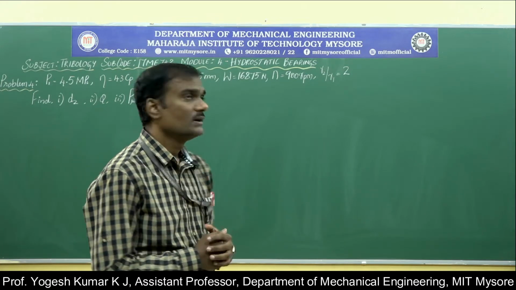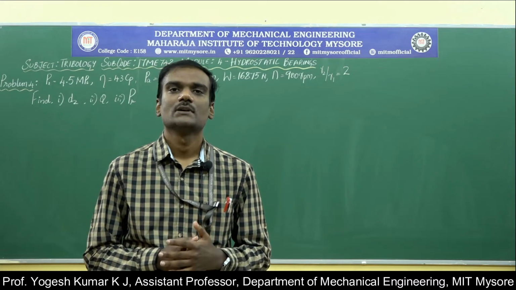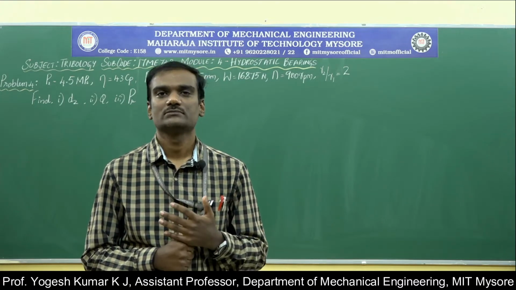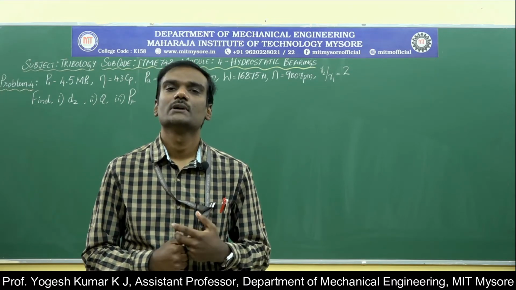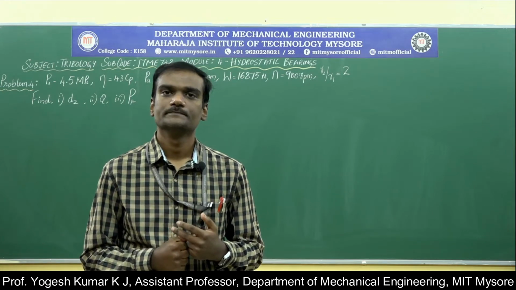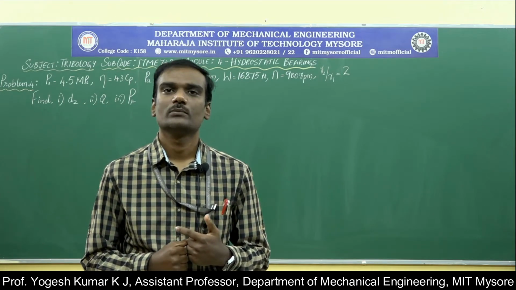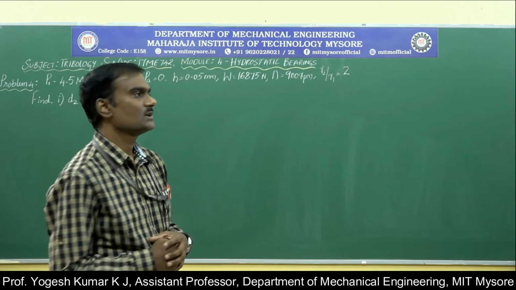Assuming a ratio of R2 by R1 equals 2, determine the diameter of the shaft, the oil flow through the bearing, and the power loss due to viscous friction. So this is the problem statement that we have.